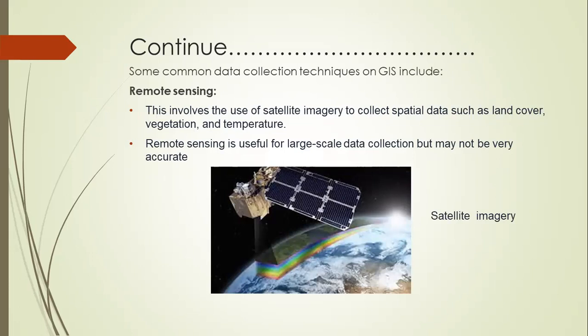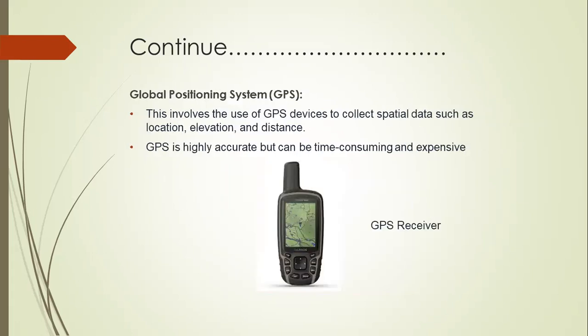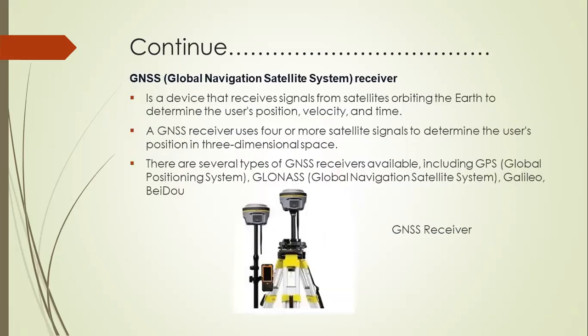So as you can see there, we have remote sensing, and there you can see an example of the remote sensing platforms, where we have the satellite. Two, we have the global positioning system, and an example of a global positioning device is a GPS receiver. Then we have GNSS, the Global Navigation Satellite System receivers, also one of the techniques for collection of GIS data.